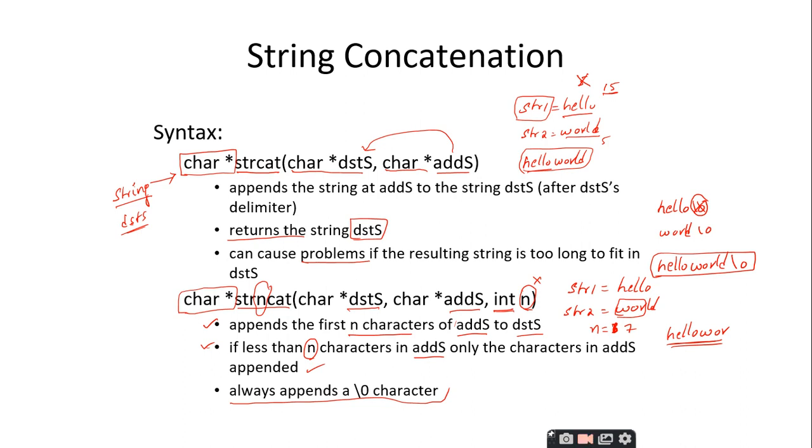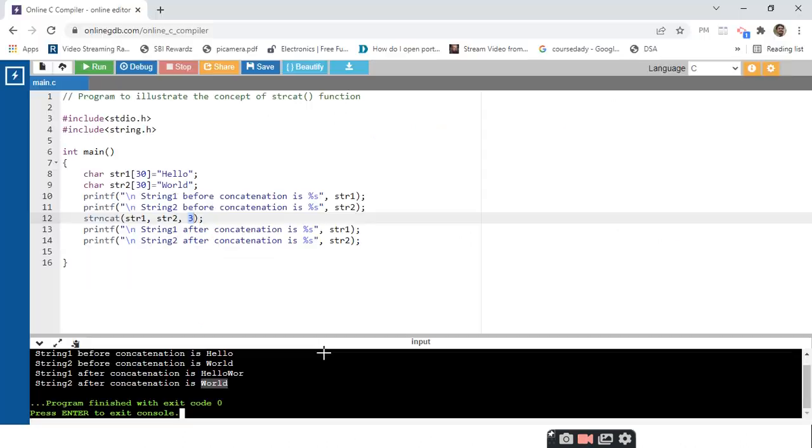We also discussed one variant, strncat, which appends the first n characters of the source string to the destination string. And we have seen a programming example. We took 2 strings, hello and world, and printed the strings before and after concatenation, and we have seen the example on strncat also.